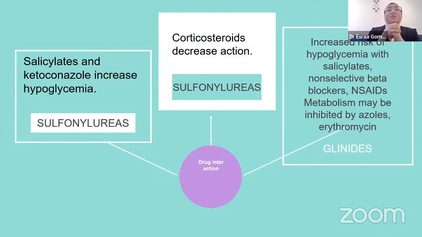Anti-diabetic medications, I will discuss in a different way. We just know that there are oral medications and there are injections. The common categories are sulfonylureas and glinides. They are the most common categories used as anti-diabetic medication.